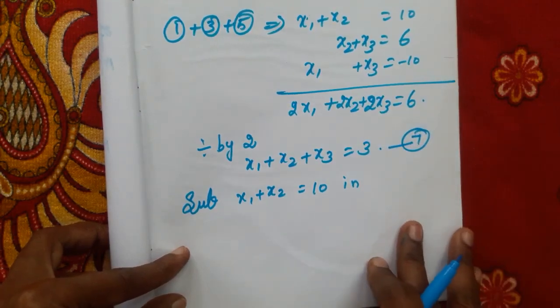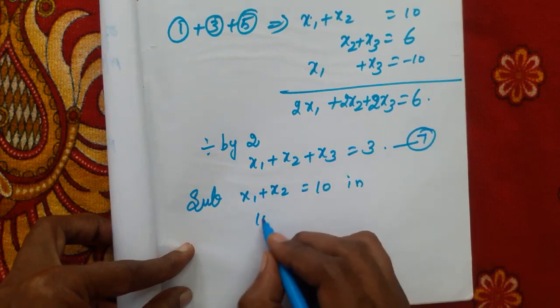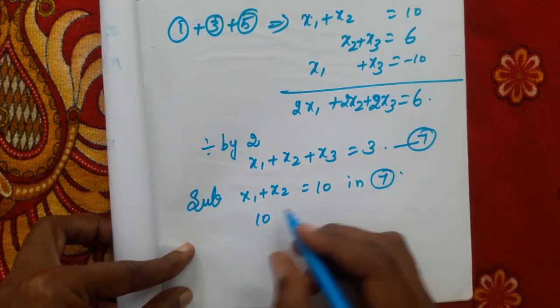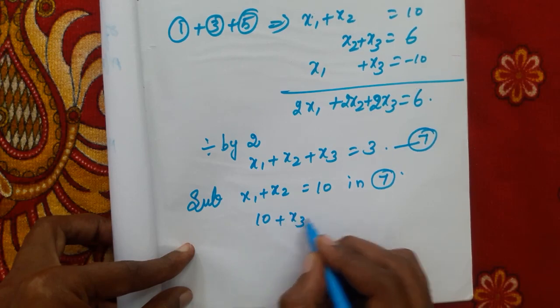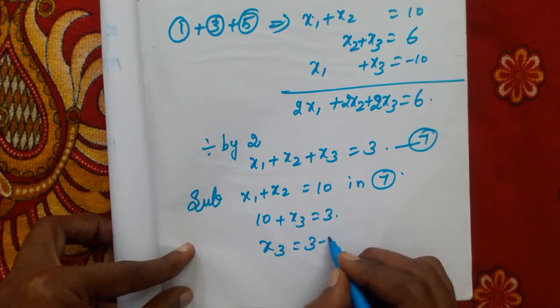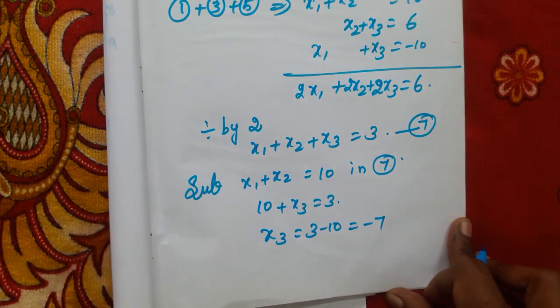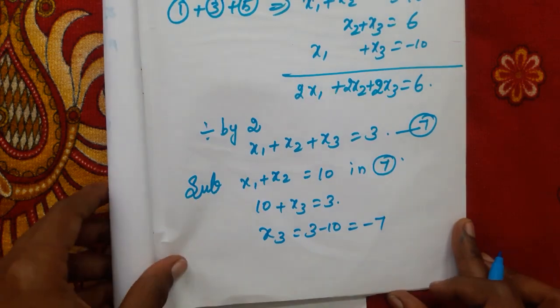Substituting 10 in place of x1 + x2, we get 10 + x3 is equal to 3. So x3 is equal to 3 minus 10, which is -7. Now we are getting x3 is equal to -7.